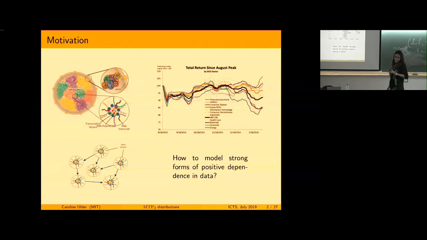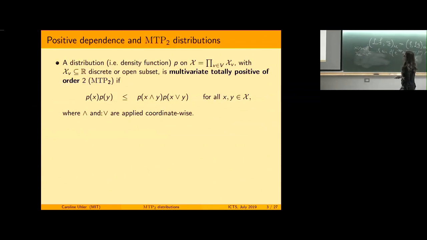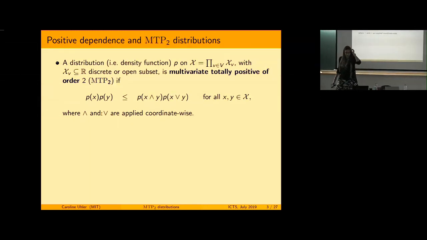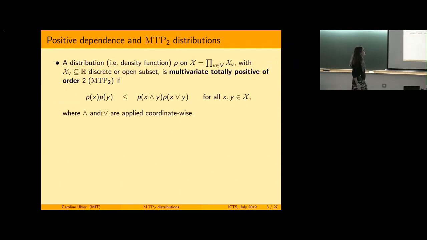Let me define what this actually is. You'll see it's a very strange definition, which doesn't seem to have anything to do with data science. A distribution is MTP2 if the density function, which can be continuous or discrete, satisfies these inequalities.